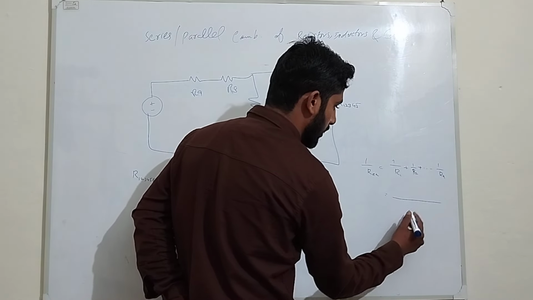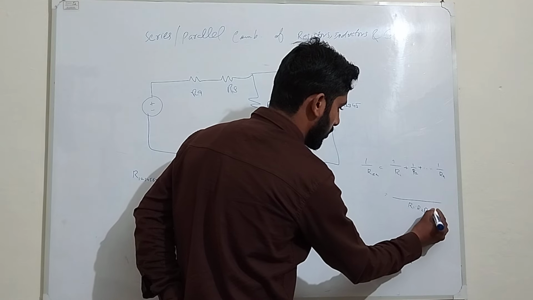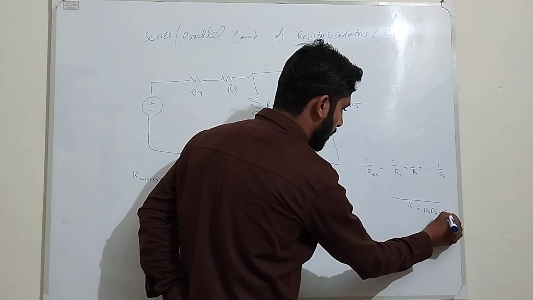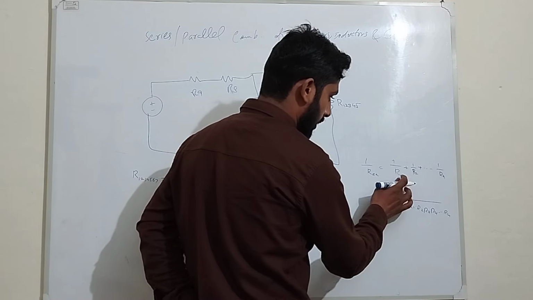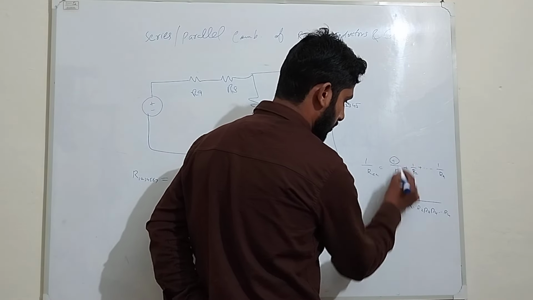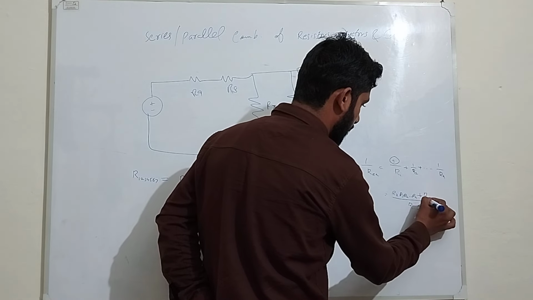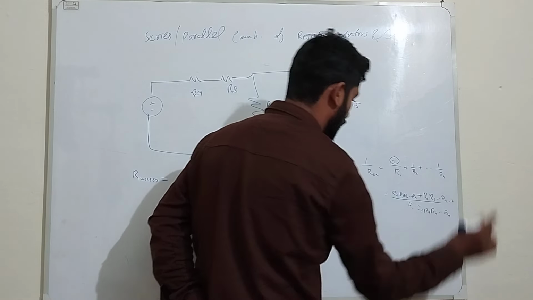It will be equal to R1 R2 R3 R4 until Rn. This will be their LCM, and here R1 is cancelled out. The remaining resistors will be R2 R3 R4 till Rn, plus R2 will vanish here, R1 R3 until Rn, and similar behavior of resistors is occurring.